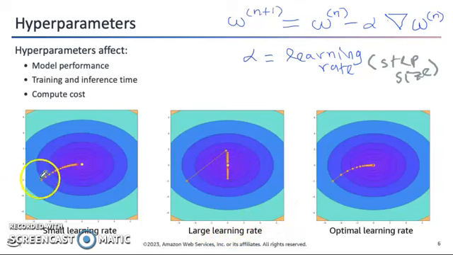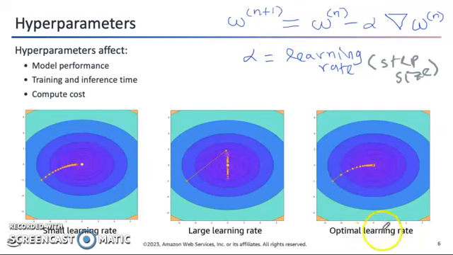What happens on the left is that it is converging, but it's taking many iterations to achieve the local minimum. In the middle, it's hard to picture in two dimensions, but it's bouncing up and down, up and down, and it has a really long time of convergence. It may actually not converge at all.